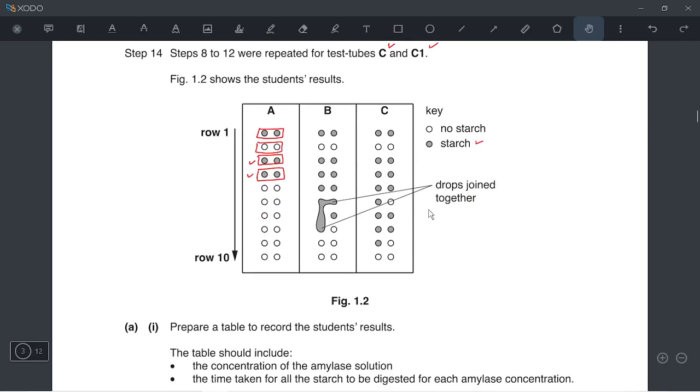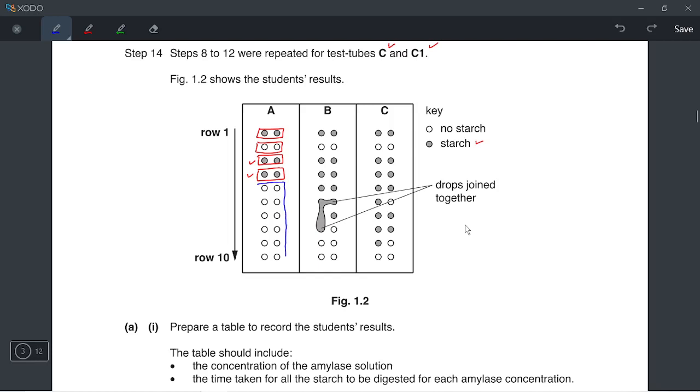Then we can see row 5 onward. Let me take a different color. Yes, row 5 onward, right? So all these rows are there.